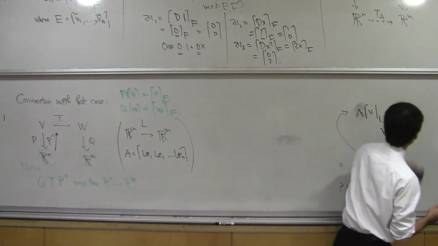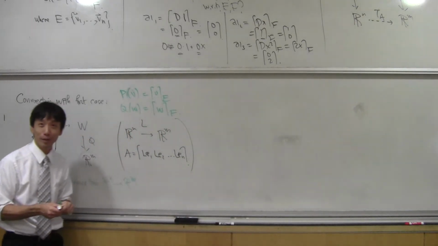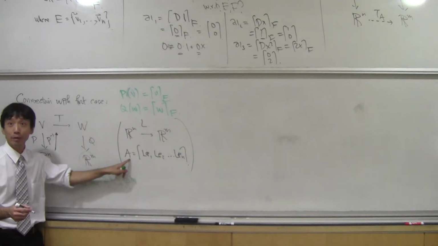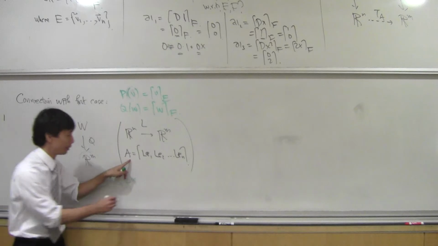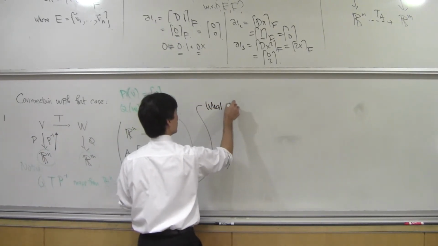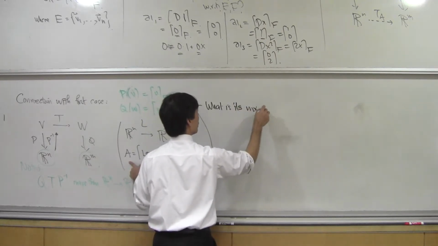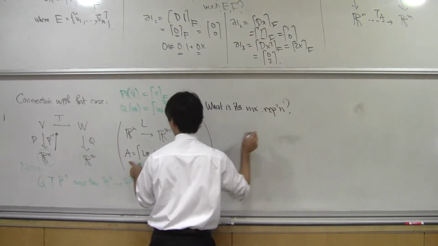Okay. So, what's the A for it? What is its matrix representation? Like, what is the A?